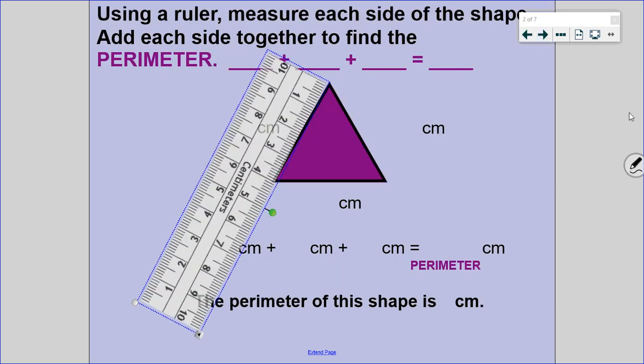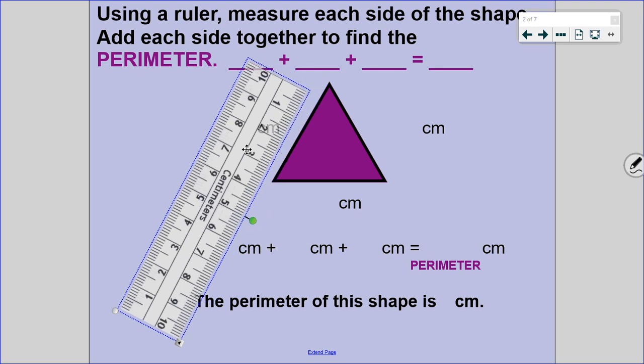Let's try another one. Now I have put my centimeter ruler on my board, and as you can see, if I were to measure one side of my triangle, I have this at 4 centimeters. So that's one side.